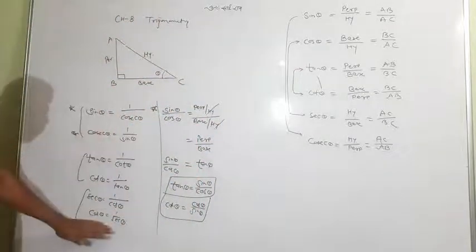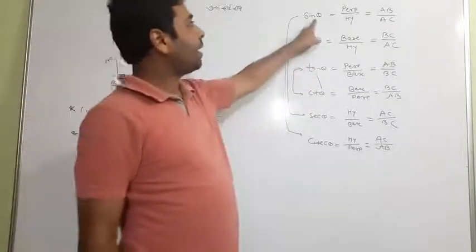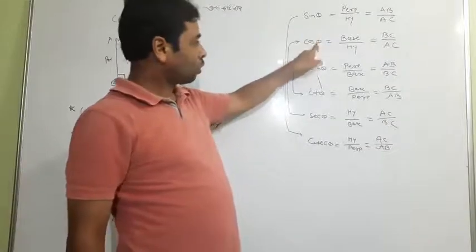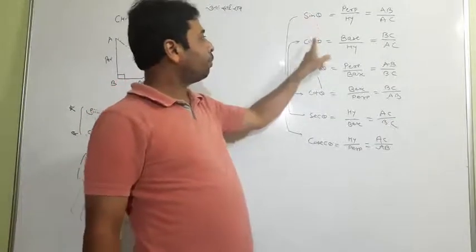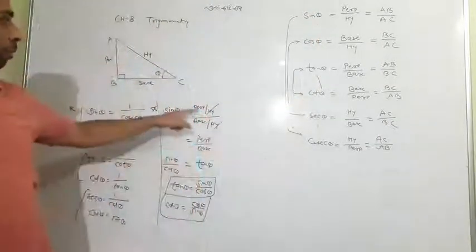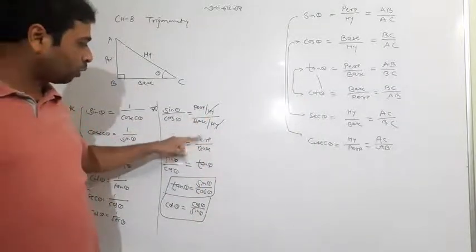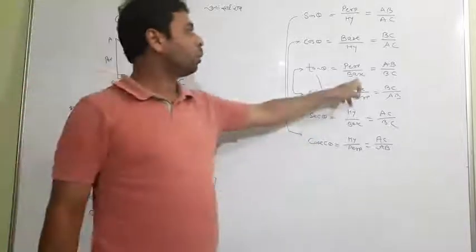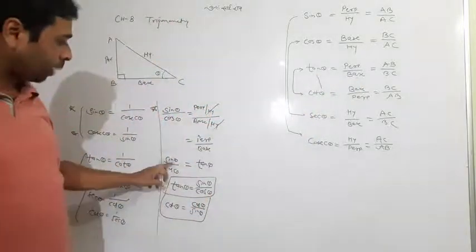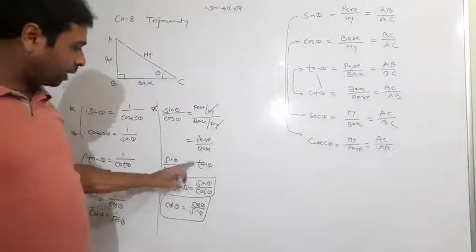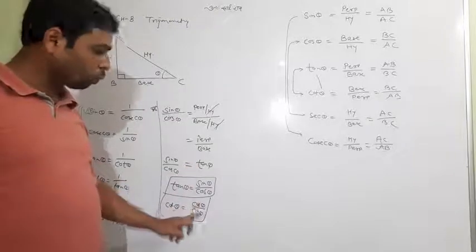I formed these 6 formulas, and after that I divided sine by cos, and we got perpendicular upon hypotenuse upon base upon hypotenuse, both cancel. We got perpendicular upon base, which is actually equal to tan theta. So tan theta equals sine by cos, and we know that tan is a reciprocal of cot, so cot equals cos by sine.